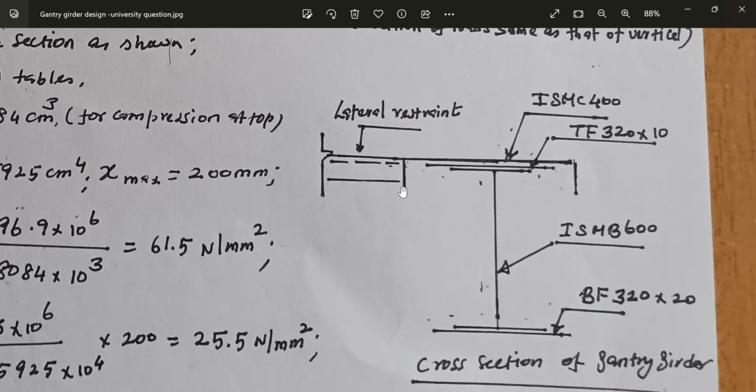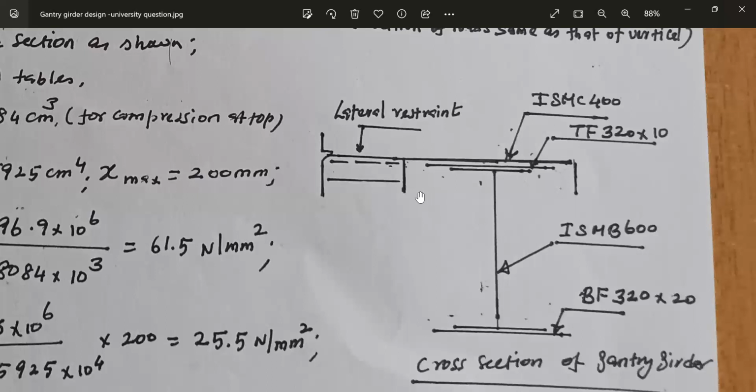Why is ISMC 400 placed horizontally? Because we have to make the gantry girder rigid in the vertical direction also. ISMB 600 plus one flange plate 320 by 10 at top plus one flange plate at bottom 320 by 20 will make the gantry girder rigid in the vertical direction.